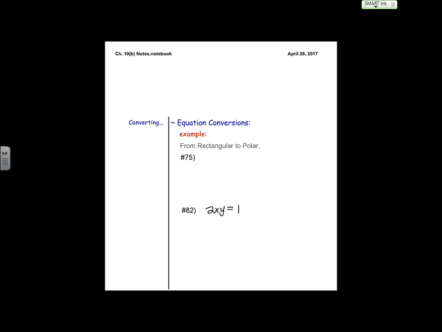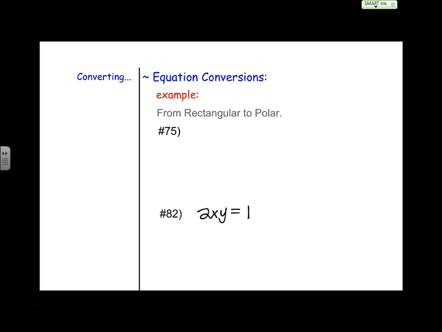Okay. For number 82, guys, is there anything for x or for y that can get us r's and thetas? Yeah, x we can substitute for, and y we can substitute for. What can we substitute x for? We have x's, y's, we want r's, thetas.